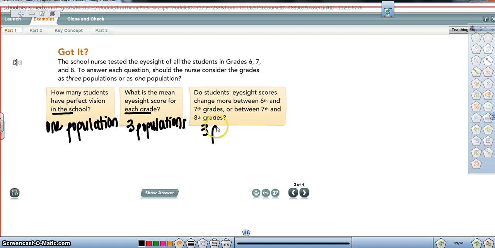This, again, we would have to think of as 3 populations because we would have to look at each grade and then see how much of a change happens between the grades. We have to consider what grade they're in. We're not just thinking of them overall as a big group in the school, but we're considering what grade they're in order to answer this question.